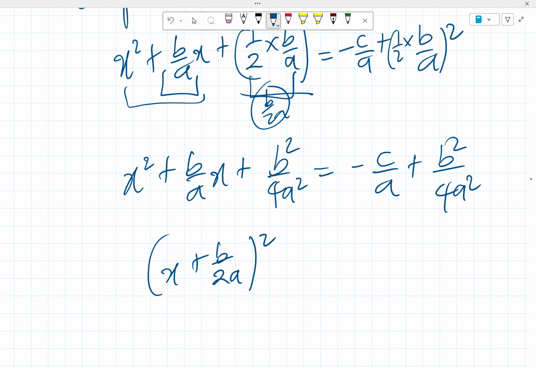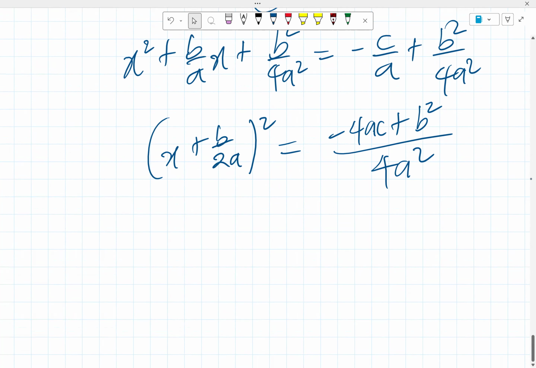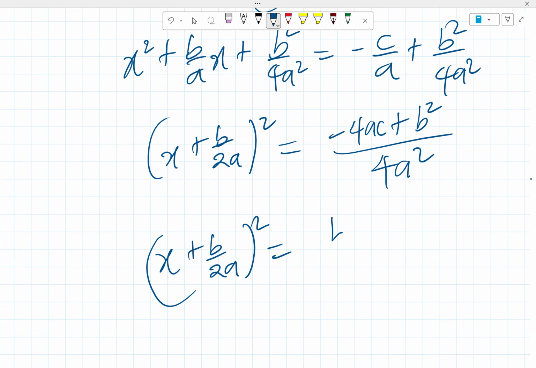And if you square b over 2a, you get b squared over 4a squared. On the right-hand side, the LCM is 4a squared. So a in 4a squared is 4a, so 4a times c gives minus 4ac, plus b squared over 4a squared. So you have x plus b over 2a all squared equals b squared minus 4ac all over 4a squared. That's just to tidy things up.